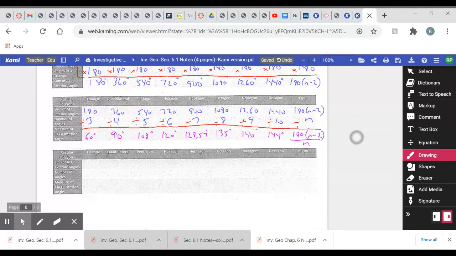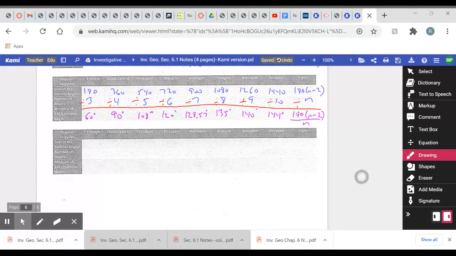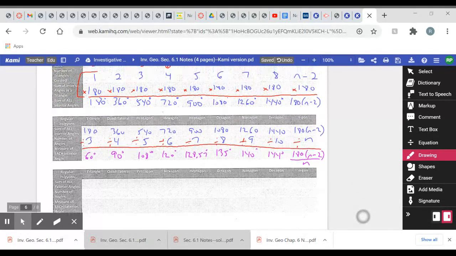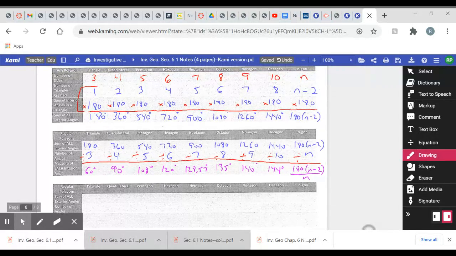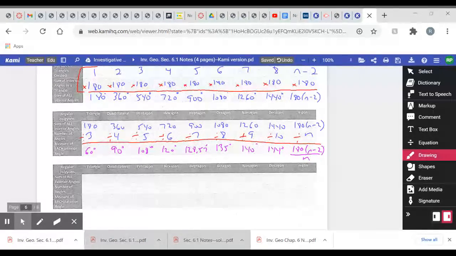Okay, the last little bit here is talking about the sum of the exterior angles. We can't quite see everything, but we can see a lot of it. The sum of the exterior angles we talked about is going to be 360 for any polygon. So I'm just going 360 all the way across.